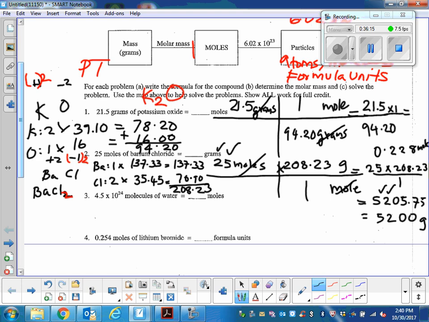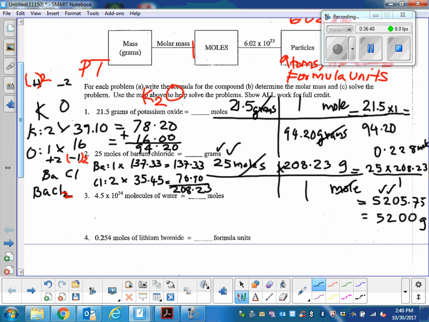No, because trailing zeros don't count if the number does not have a decimal point. So just 5200. How many significant figures? Only 2, because it's 25 moles. That's why it's 2 significant figures, and you didn't put the decimal because it would become significant. Yes.